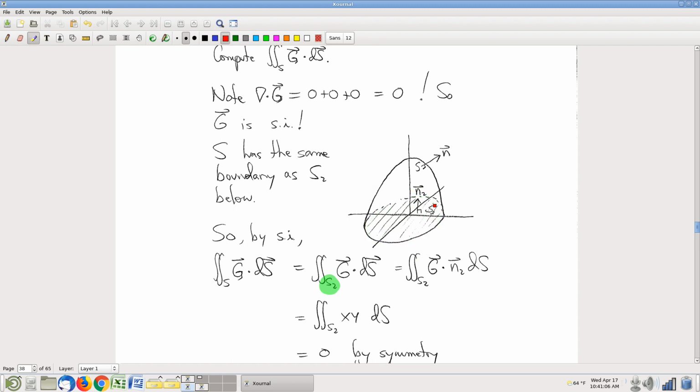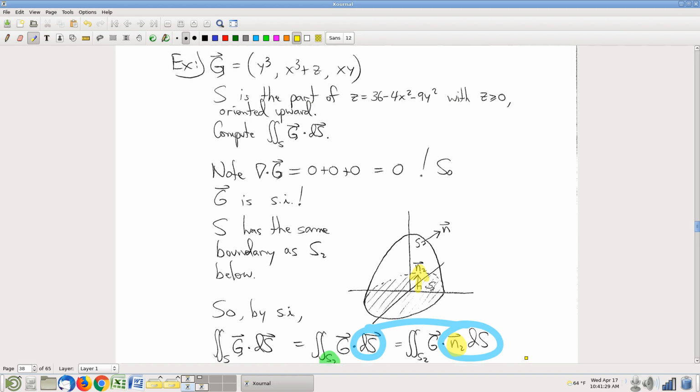Now we've got this new surface, and it's real easy to deal with because it's flat. The dS vector is easy to understand because that N2 vector is just 0, 0, 1, and 0, 0, 1 is really easy to dot with this vector field. It just picks out the third component, xy.